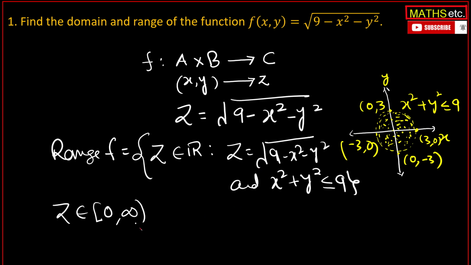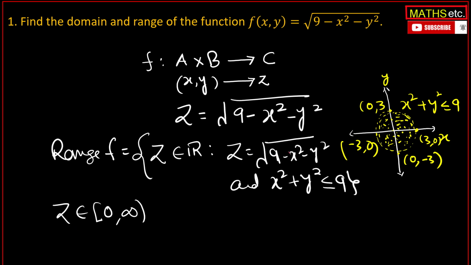Now the question is, is the range this entire interval from 0 to infinity? And here lies the catch. What will be the minimum value of z? The minimum possible value of z is 0, right? What will be the maximum value of z?